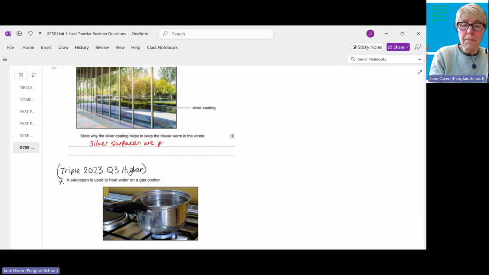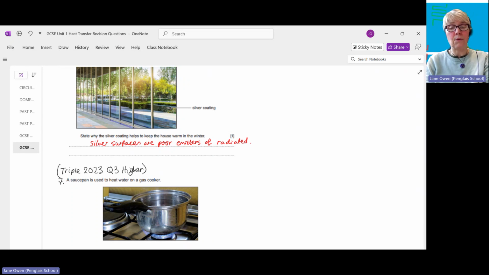You've got to think where the heat is. The heat is inside the house, it's trying to get out. So it's trying to travel from inside to out.